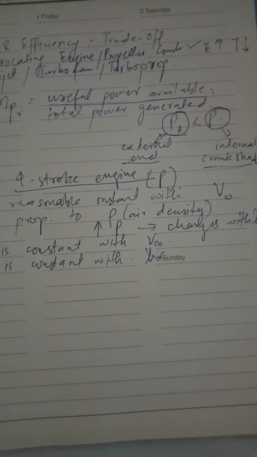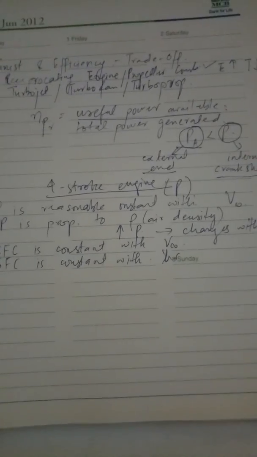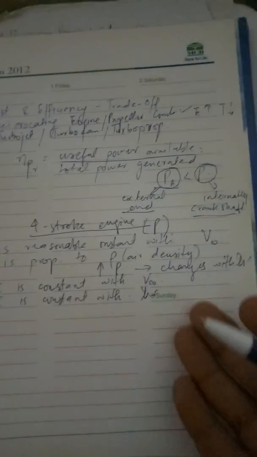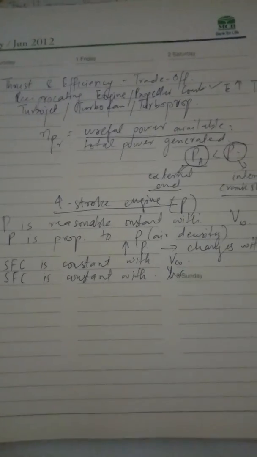That was because of the last videos, starting from the thrust efficiency trade-off. As you know, just giving you a recap in terms of the notes, we discussed the thrust and efficiency trade-off, and the four mechanisms: the reciprocating engine propeller combination, turbojet, turbofan, and turboprop.